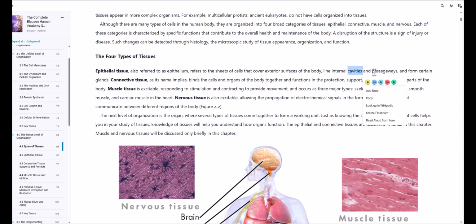Also, all of your tubes, all of your passageways, blood vessels, lymph vessels, the esophagus, the windpipe, the trachea, all of your passageways are also lined by epithelial tissues. And finally, most of your glands, such as the liver, the pancreas, the salivary glands, the sweat glands.